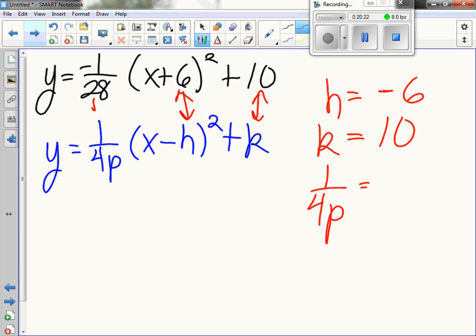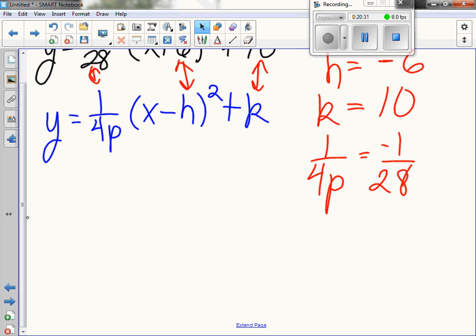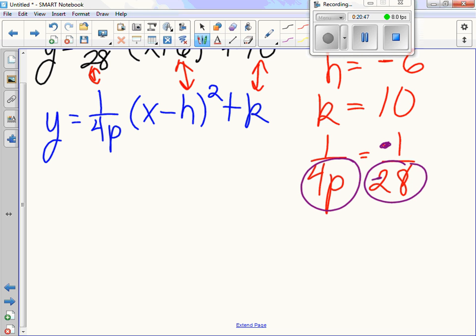And 1 over 4p matches up with 1 over -28. And yes, we can do that, since 1 and 1 on top match up, don't they? So really what we're looking at is what is going to make 4p equal to -28, yes?